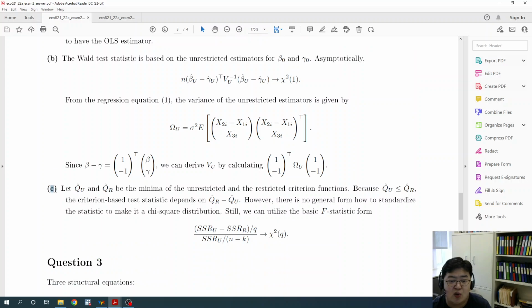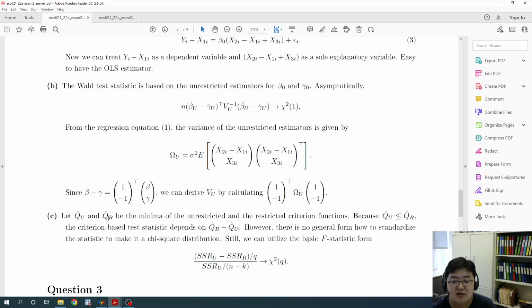And for part C, you need to derive the criterion-based test statistic. The criterion functions Q, for the unrestricted model and the restricted model, are simply least squares, and let's say these are their minimums.